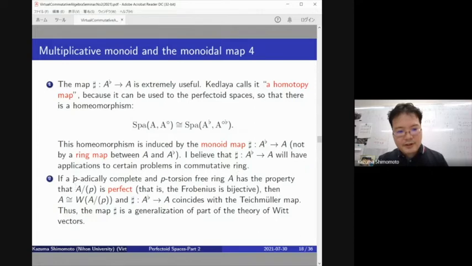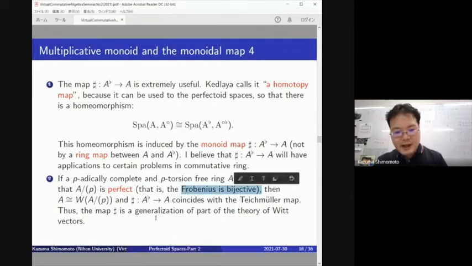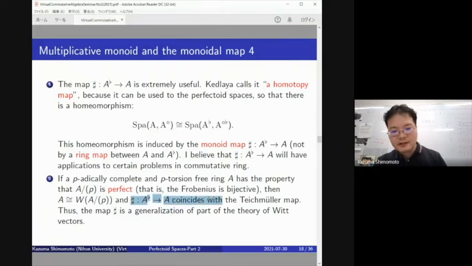So second, if we take a p-adically complete p-torsion-free ring A that has the additional property that A mod p is perfect, namely, Frobenius is bijective, then if we take the Witt vectors applied to A mod p, this is isomorphic to A. And in this case, the sharp map coincides with the Teichmüller map.